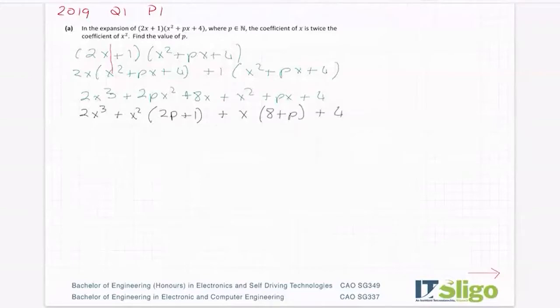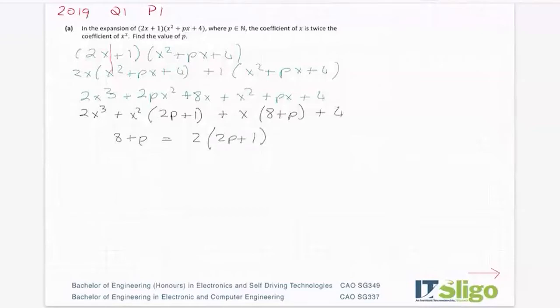And the reason I factored them out, well, it's an easy way to equate the coefficients, but also because the question said the coefficient of x is twice the coefficient of x². So the coefficient of x is this one, 8 + p, is twice the coefficient of x², so 2(2p + 1).